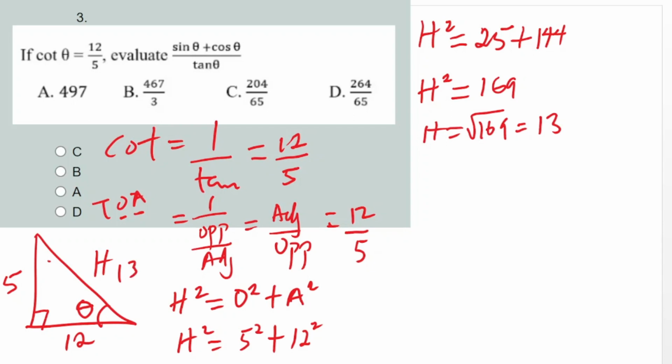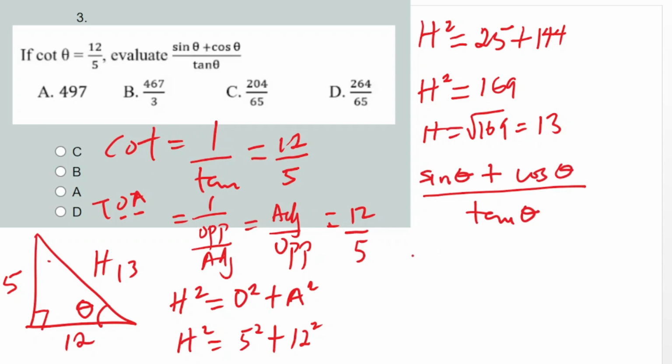We can then use this to evaluate what we have here: sine theta plus cos theta divided by tan theta. What would then be our sine theta?